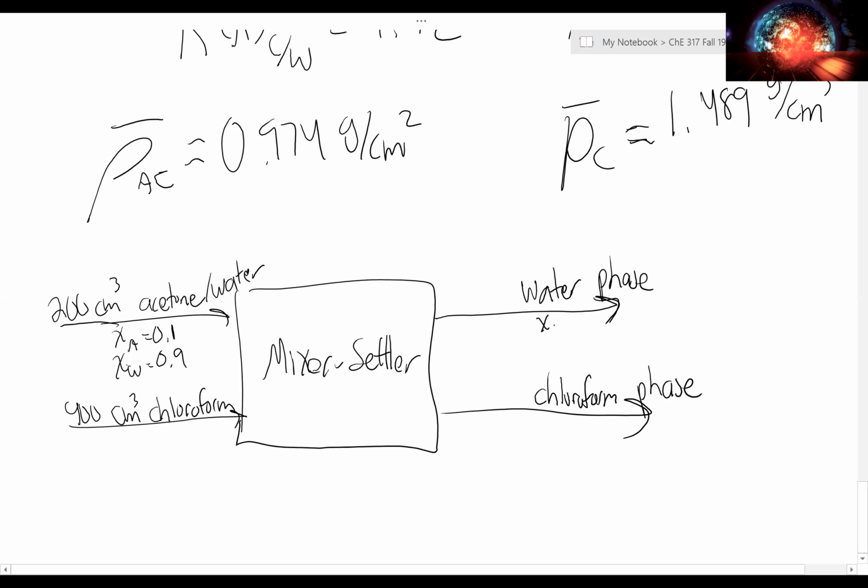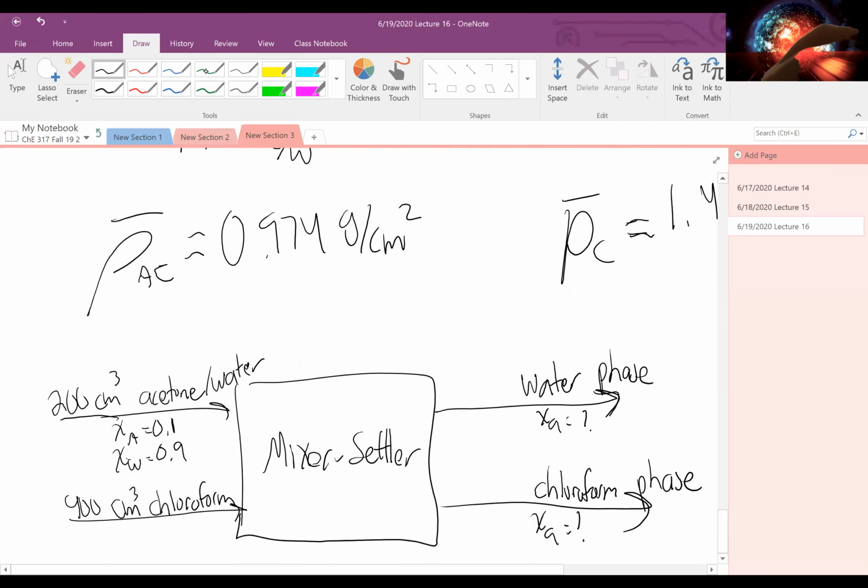But I don't know what the mass fraction of my acetone is going to be. So I'm going to draw this up. M1, M2, M3, and M4.